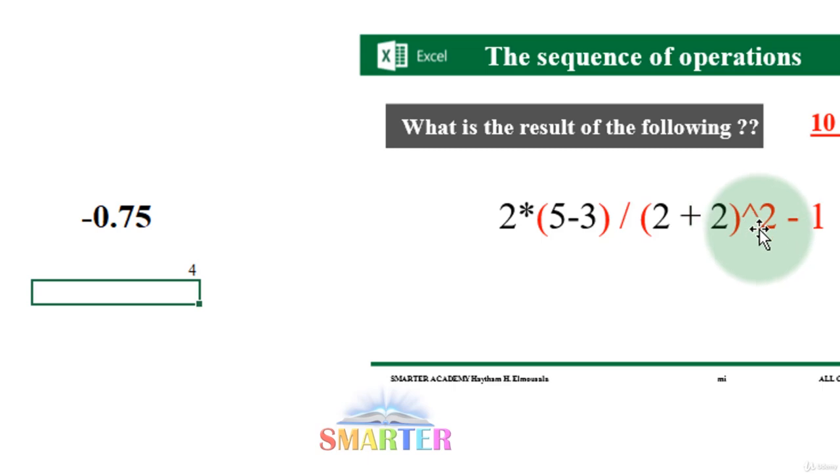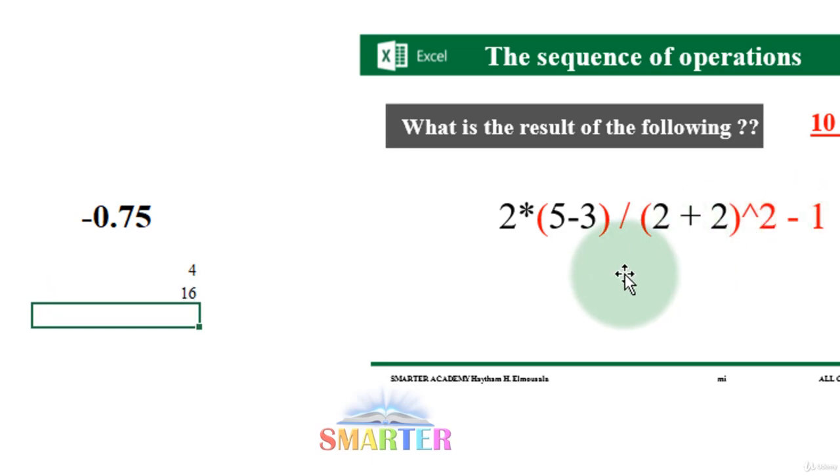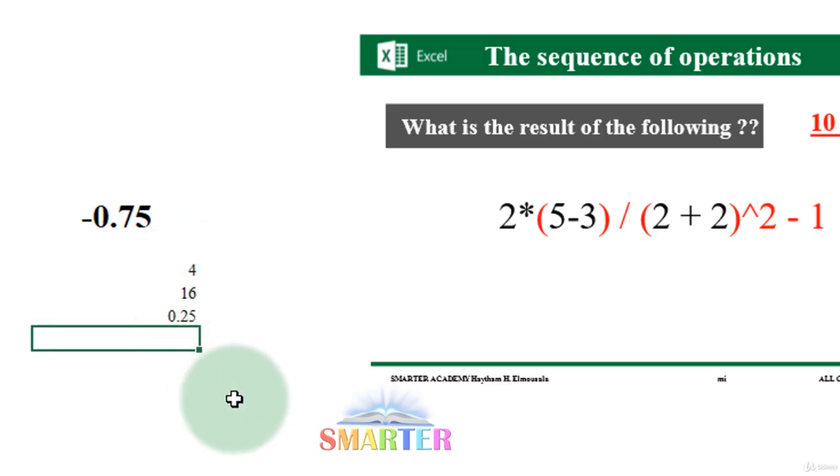After that, parentheses give priority to 2 plus 2. The result will be 4. And 4 will be raised to the power 2. So the result will be 16. After that, division has priority over subtraction. So 4 will be divided by 16 and the result will be 0.25.